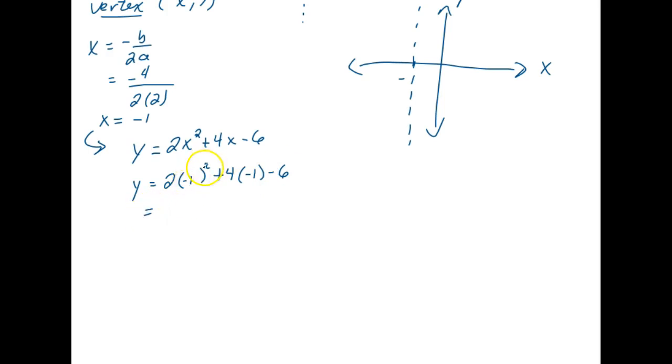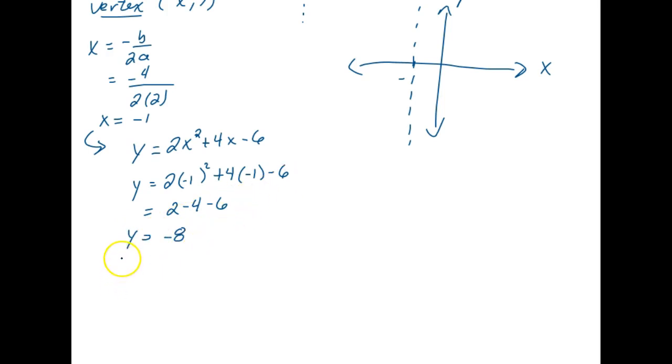Alright, negative 1 squared is 1. Multiply that by 2, that's 2. 4 times negative 1 is negative 4. Subtract 6. 2 take away 4 is negative 2. Subtract 6 is negative 8. So our y value is negative 8.